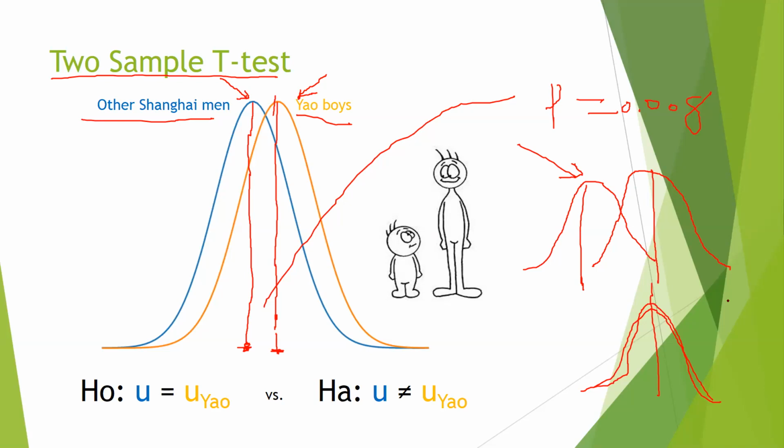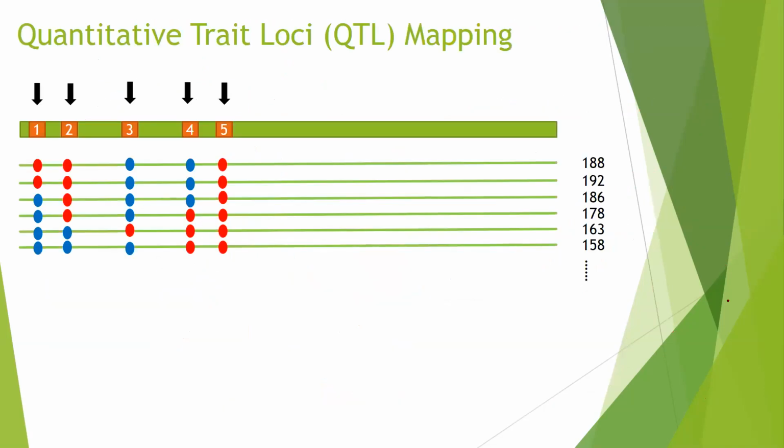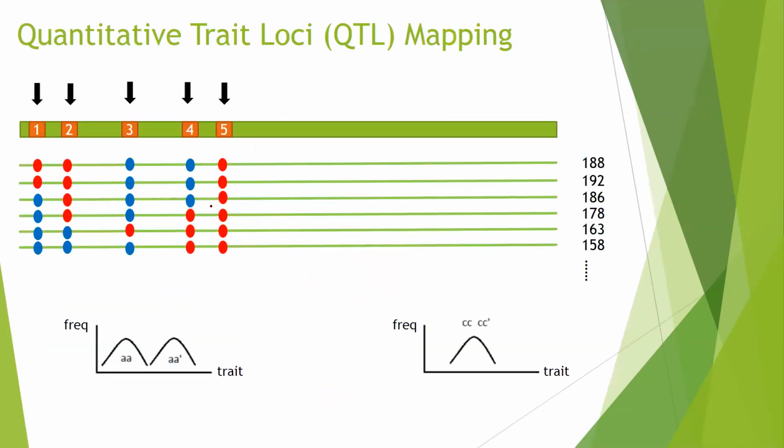Okay. So now we apply this idea here. For example, this is the sample here. This is a single sample. We cannot do anything with the single sample. However, if we can subdivide this sample into two based on a marker.